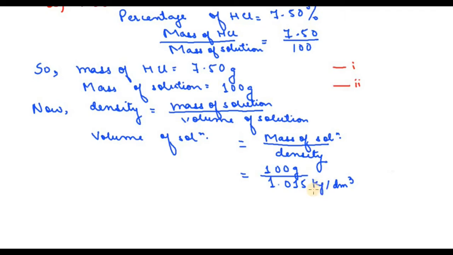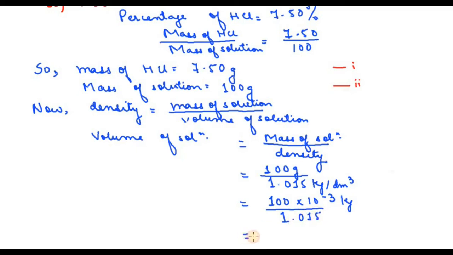Here we can see that mass is in gram and density is in kg, so we will convert the unit of mass, that is grams, into kilograms. So 100 times 10 to the power minus 3 kilogram divided by 1.015.